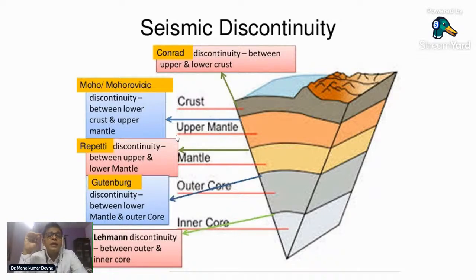So these discontinuities are basically regions, though they are seen as lines here. Let me tell you that these are going to be thick regions, because we are imagining this to be 6,000 kilometers. Now, if this is 6,000 to 6,500 kilometers, these lines would obviously be some tens of kilometers, 5 kilometers, 10 kilometers as such.